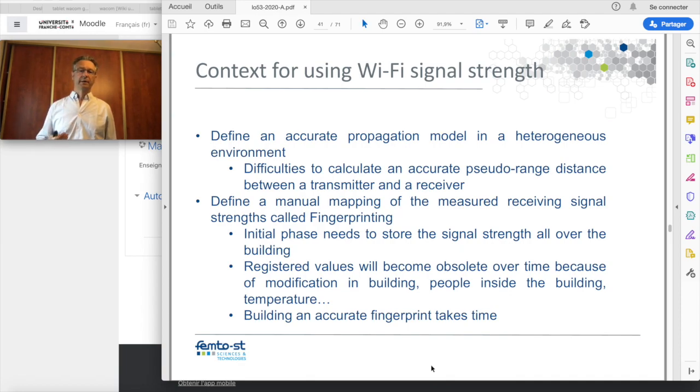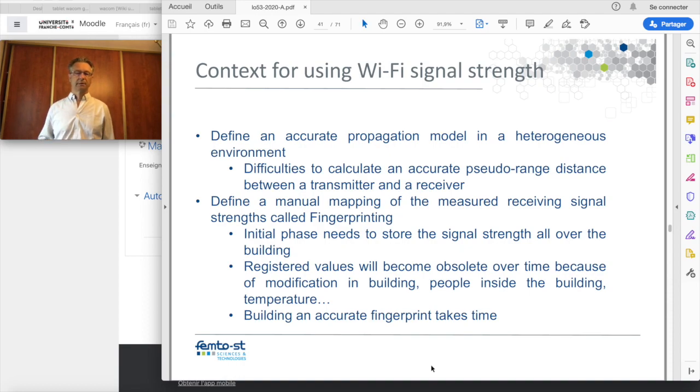The other way, which is easier, is to build a map of the signal strength inside the building. This map is mainly called a fingerprinting map.